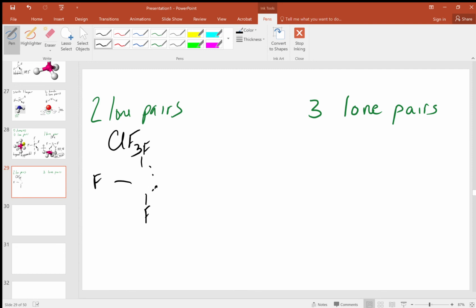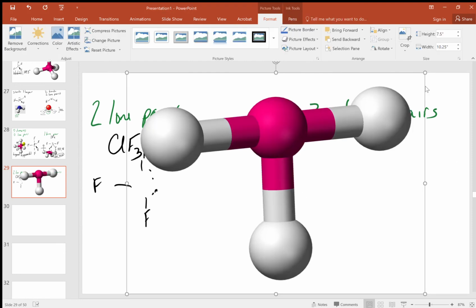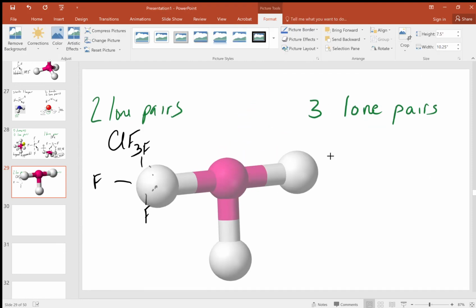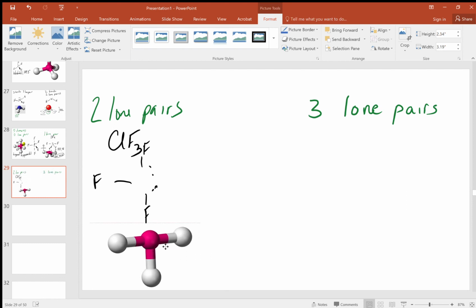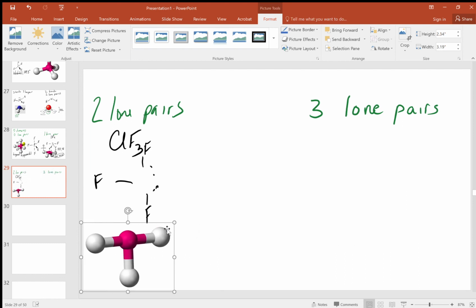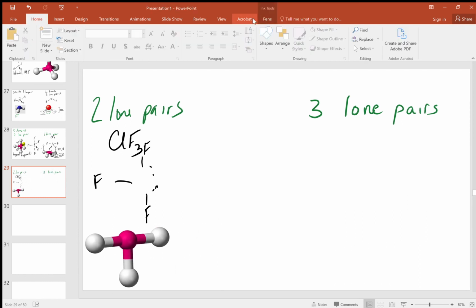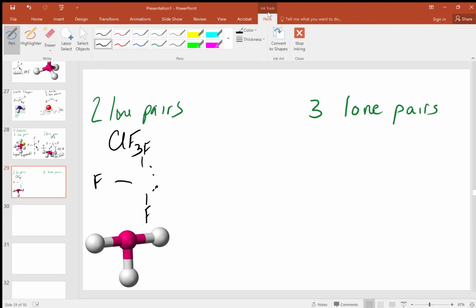This one also has a logical name, and this representation may show it to you even better. So what do we think that looks like? So that is known as T-shaped. And the bond angles are just even a little bit smaller, 86 and 116.